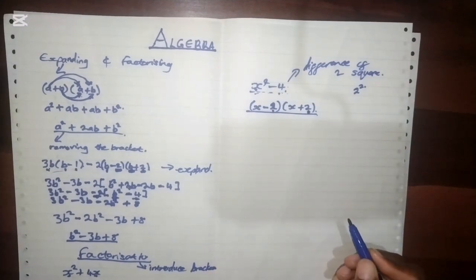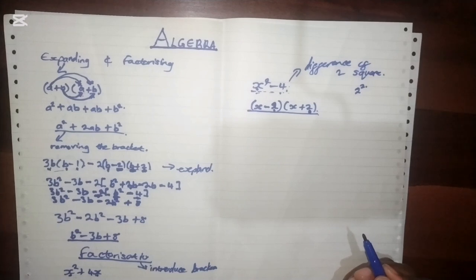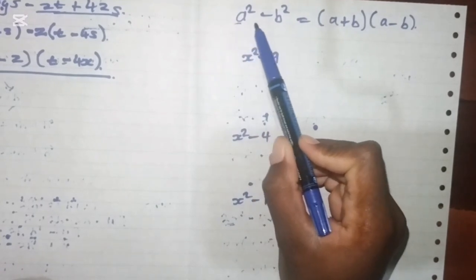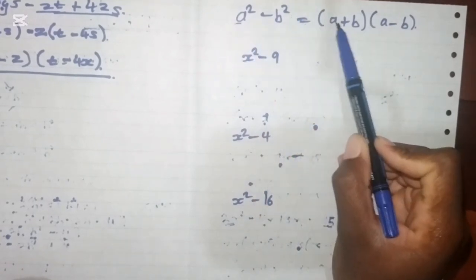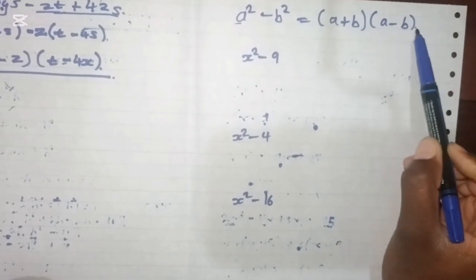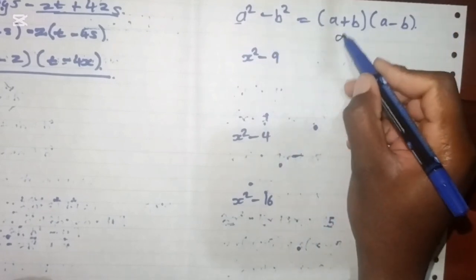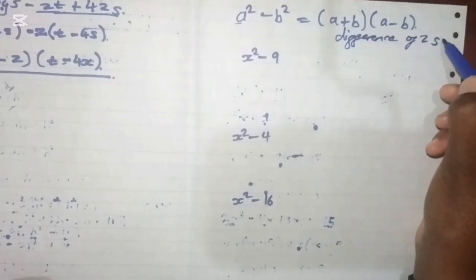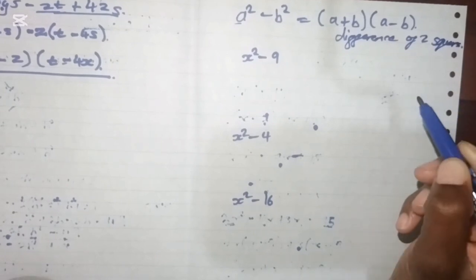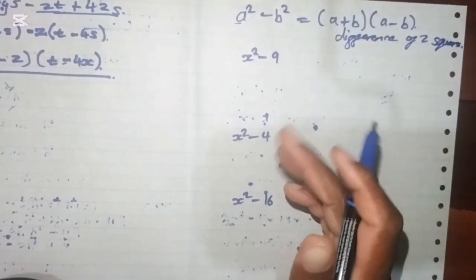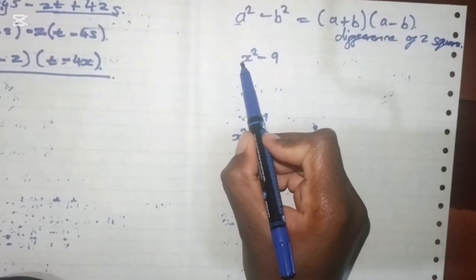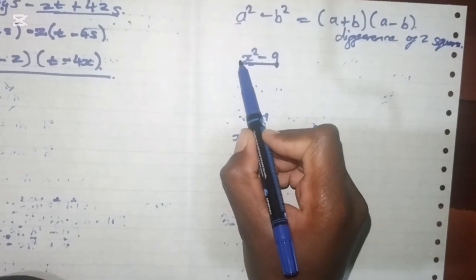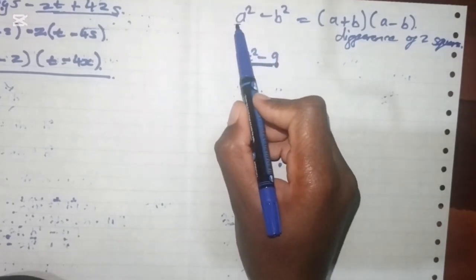Okay, so let's do another one. I have an expression here: a squared minus b squared is equal to (a plus b) factor of (a minus b). This is what we call difference of two squares. So how do you apply it when factorizing? Say factorizing an expression like x squared minus 9. First you try to express this in that form.